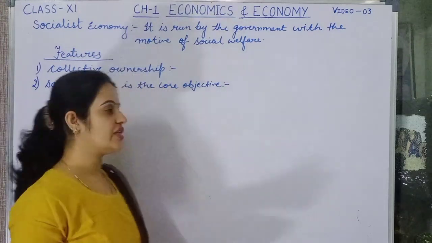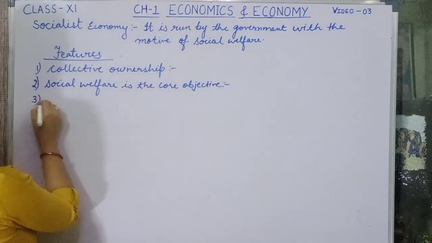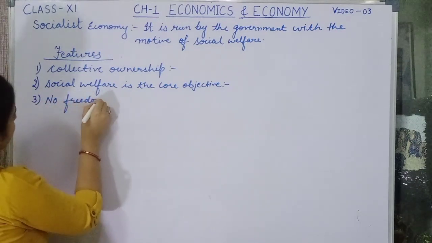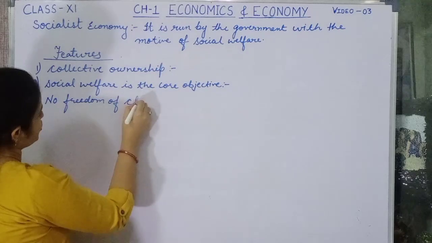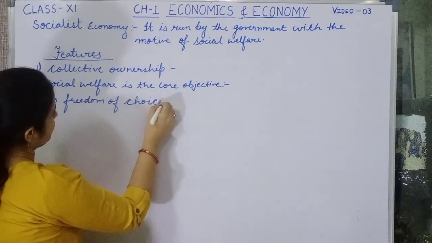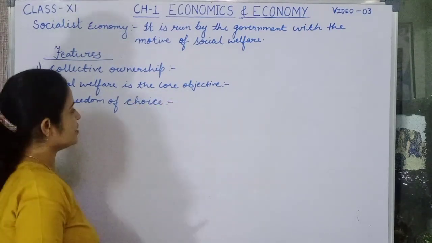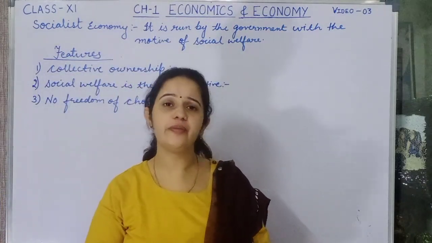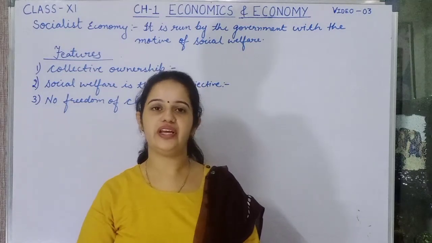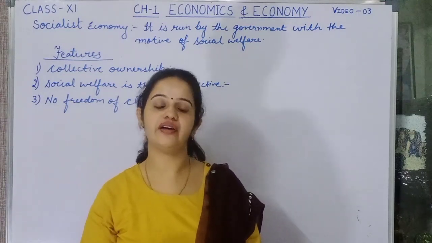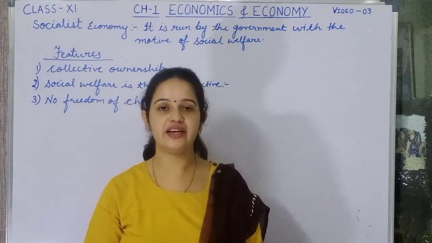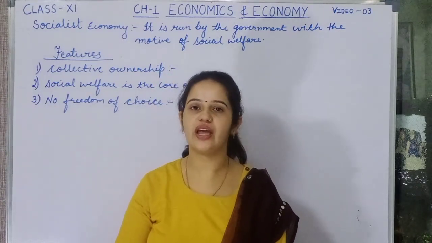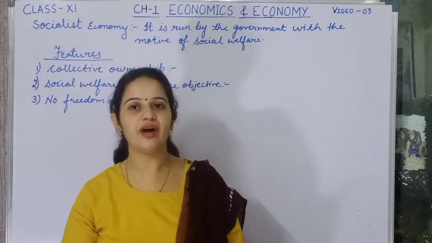The third feature is no freedom of choice. Here the choice refers to consumers only. That means a consumer cannot purchase any commodity according to his or her demand, or we can say that a consumer cannot bind the government to produce goods according to his or her own demand.